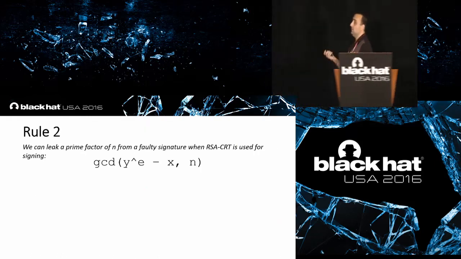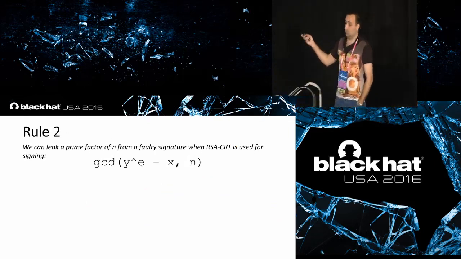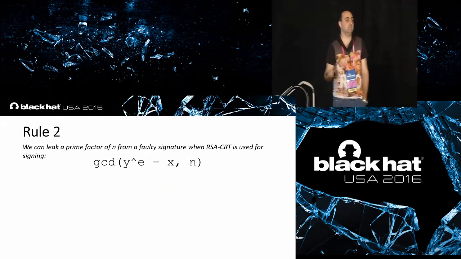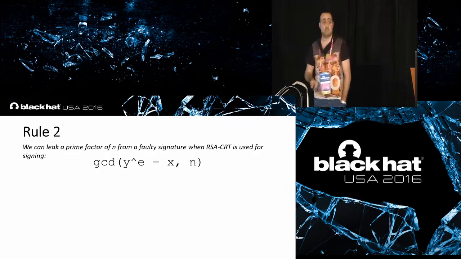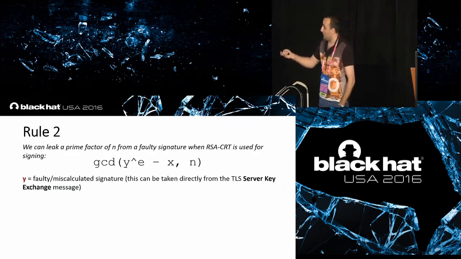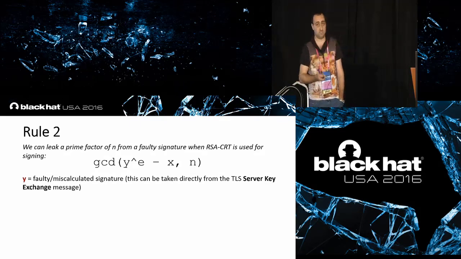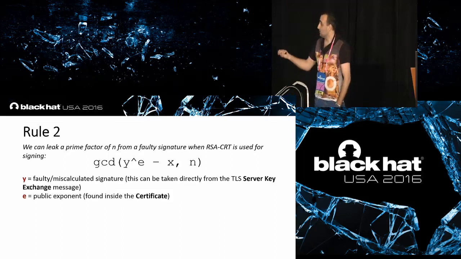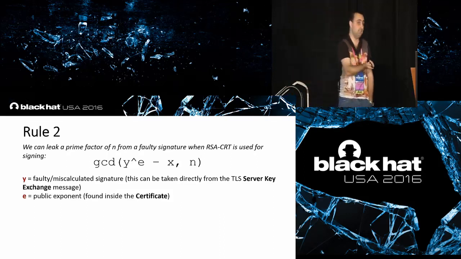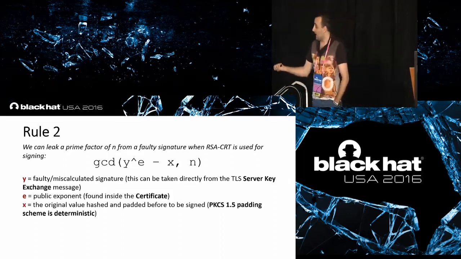And the values that we need to feed this function are values that the attacker can get very easily, because Y, which is the faulty signature, can be extracted from the TLS server key exchange message. E, which is the public exponent, is found inside the certificate.